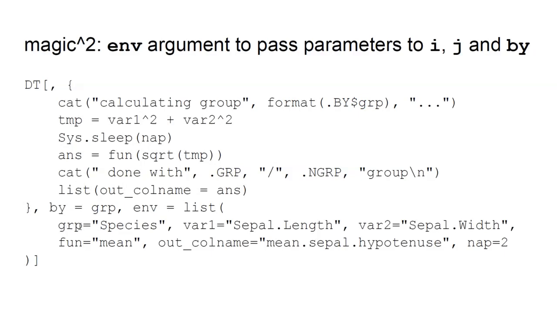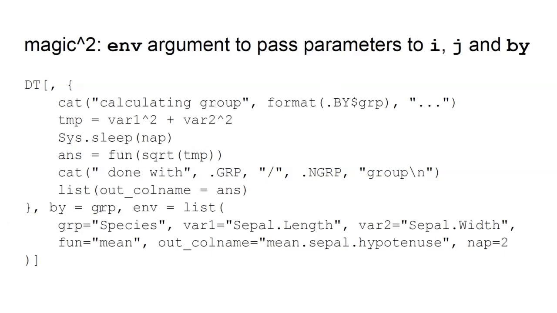So you can see that for the grp variable, we provide species, and here we can see there is the grp variable, and another time it's here. So in those two places, instead of having grp, we'll have species, and not actually a character scalar, but it will be unquoted species.